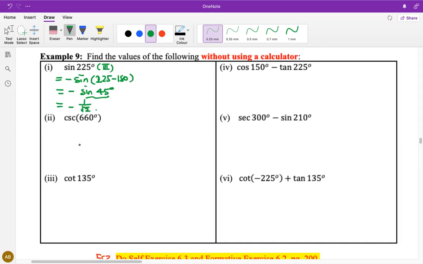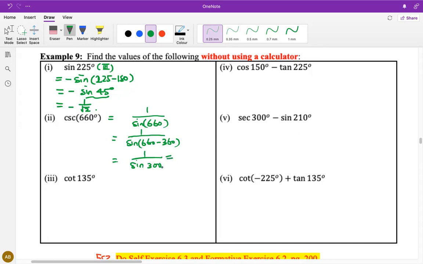Then we go to the next question, cosecant. Cosecant is 1 over sine 660 degrees. This is more than one cycle already, more than 360, so you have to minus 360. So 660 minus 360, you get 1 over sine 300.